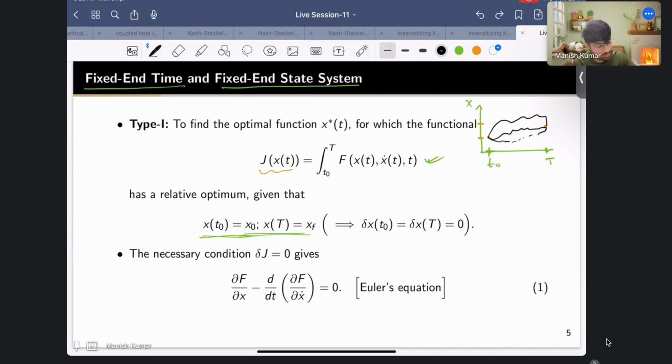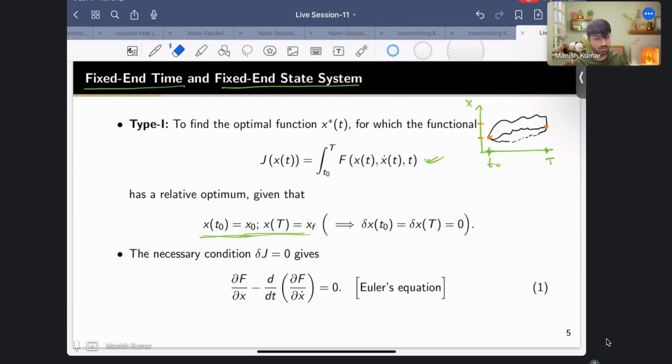Here we are not talking about any control problem, just a functional. The initial time and final time are fixed, and the value the function takes at t naught is also fixed, and this is also fixed. So the goal is only to minimize this functional J.